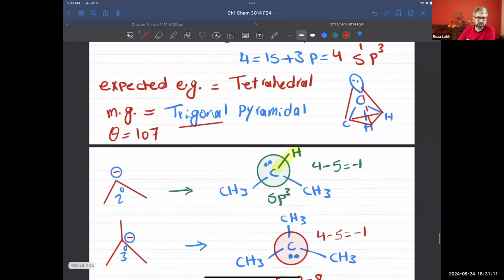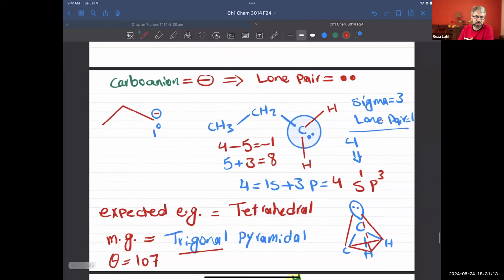So let's go back and check the first one. The first carbon anion, we added 2 hydrogens and 1 lone pair to make it an octet because it has a negative charge. So we added a lone pair there, but then in order to make it an octet, we added 2 hydrogens.